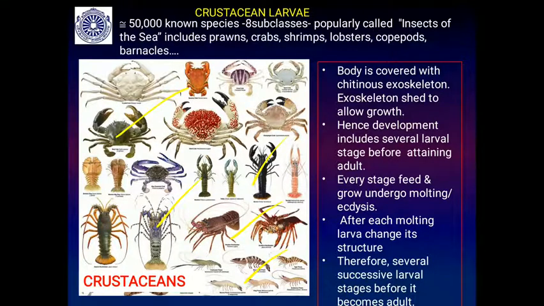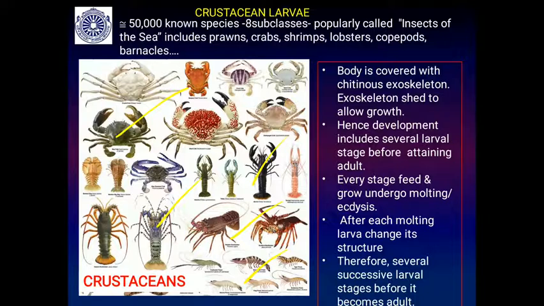So the exoskeleton has to be shed regularly to allow growth of the body. Hence, during development, you will see several larval stages in class Crustacea. In every larval stage there is a period of growth, and after that they undergo molting or ecdysis.